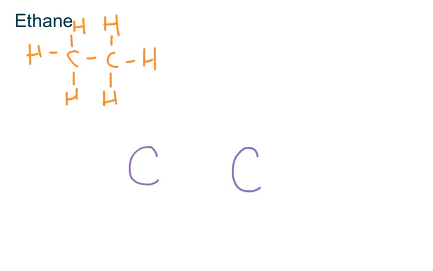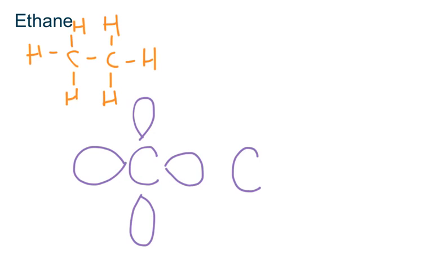Looking at the carbon on the left, it has 4 things attached to it, and that's sp3 hybridization. So it's going to have 4 sp3 hybridized orbitals, and that's what I'm drawing here. All of these are sp3.